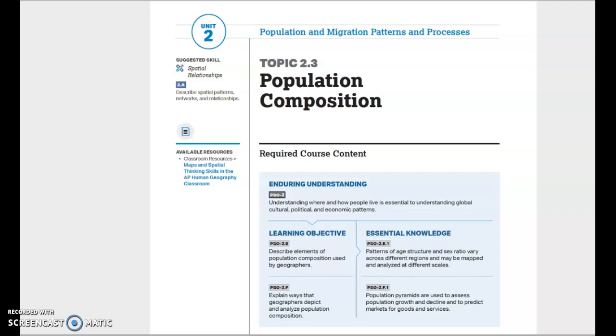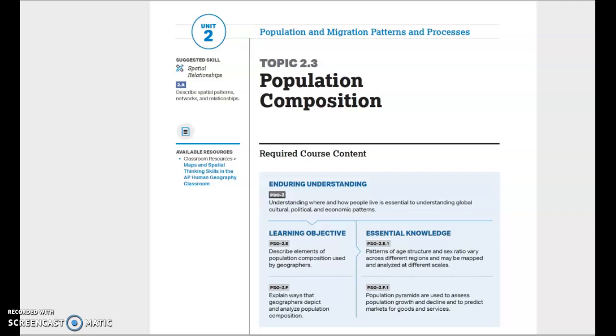And what we'll look at specifically today is the population pyramid and how it displays data describing both the sex ratio and the age cohorts that exist within not only regions. We could look at different scales of analysis, the world, different regions, and then different countries. So just to give the big picture here, this is really about understanding where and how people live.